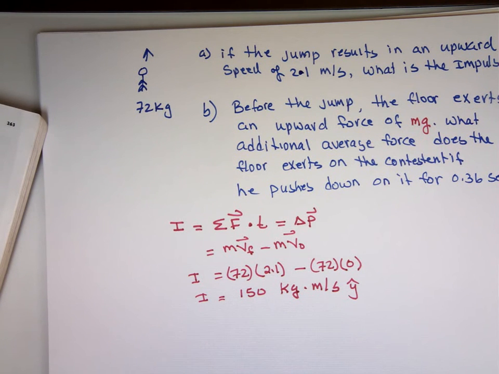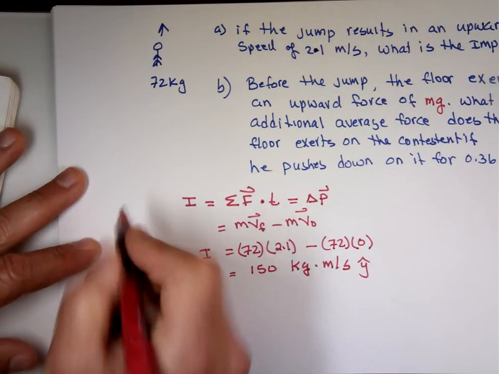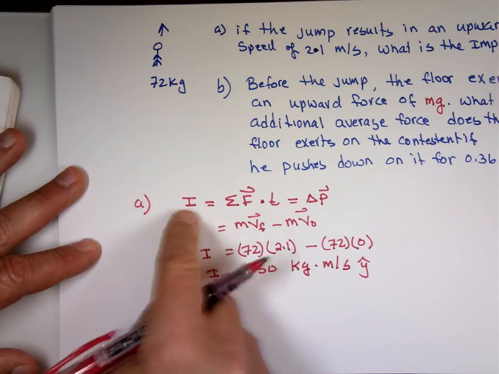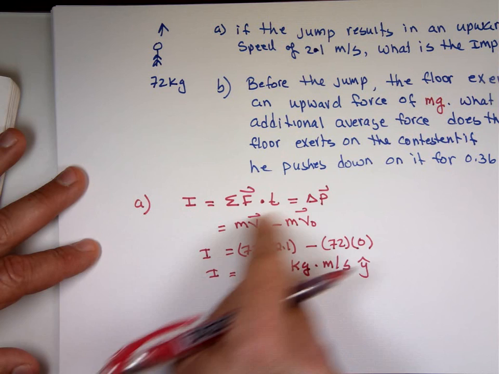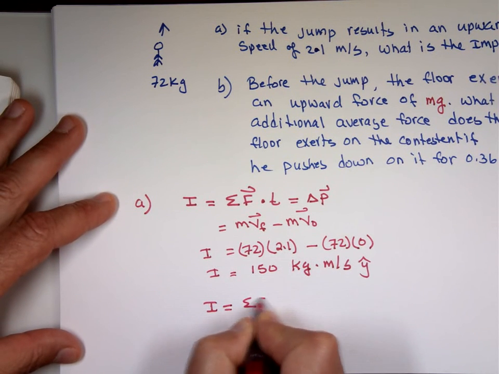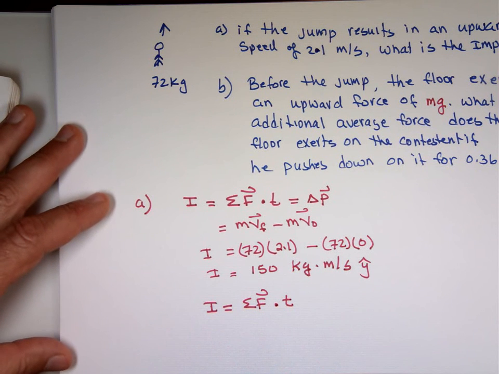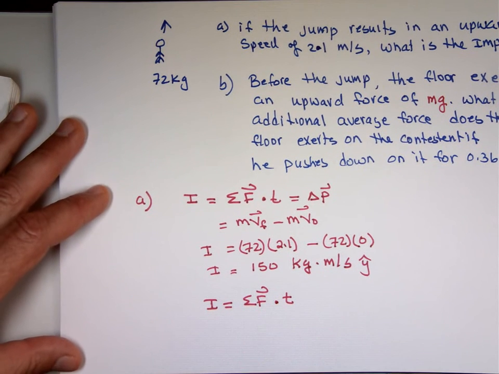Well, how do we calculate what the average force is? Well, let's look at that equation. So this is A. This equation says impulse equals the average force times time. Do we know what the impulse is? Which is what? 150.